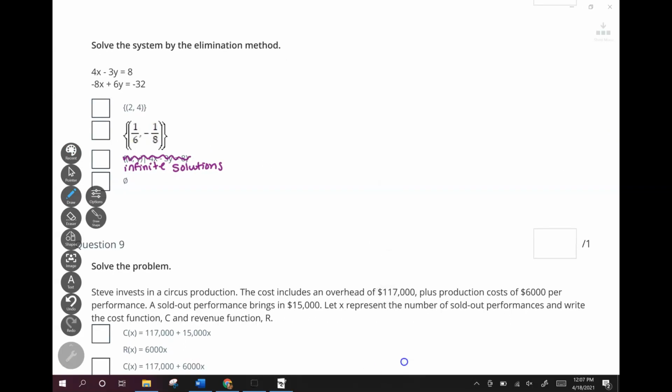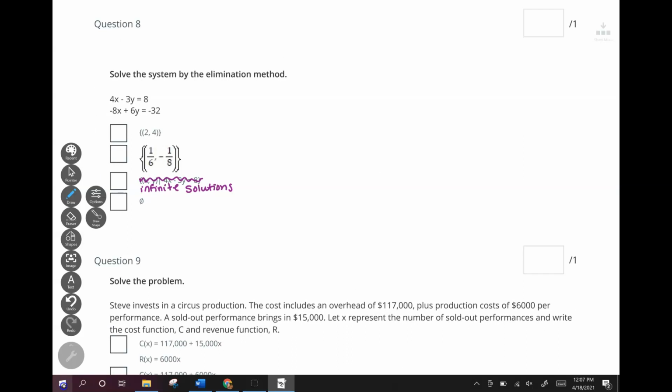So we want to multiply the first equation just by 2. If I just multiply that first equation by 2, then I can see my x's are going to cancel. So I have 8x minus 6y equals 16. Make sure you distribute that all the way across.